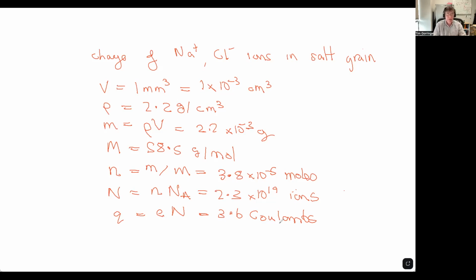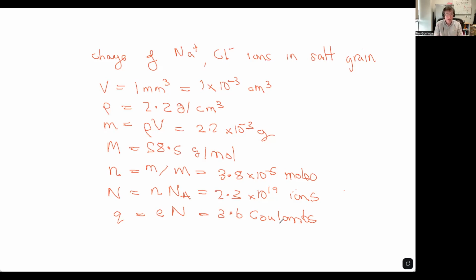So there's a massive, even in that salt grain that was tiny, right? You couldn't see that salt grain. It was so tiny. But that tiny, tiny salt grain contains this huge quantity of charge. There would be enormous forces, incredible forces, if I held in my hands positive 3.6 coulombs of charge in one hand, negative 3.6 coulombs of charge in the other hand. I'd be completely destroyed by trying to do that.